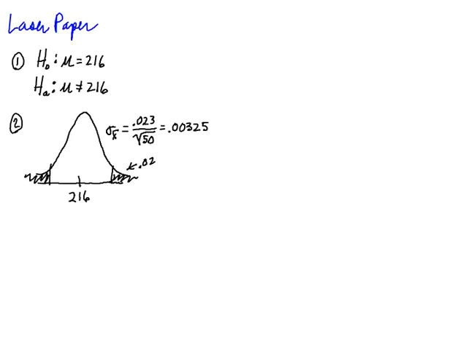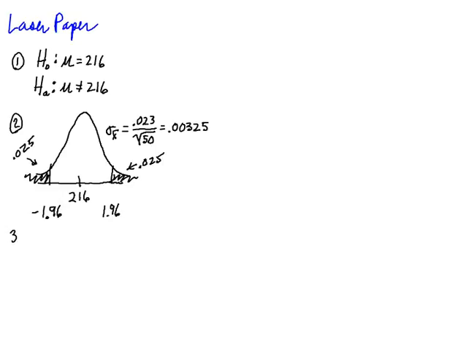This is a two-tailed test, and with alpha equal to 0.05, I'm going to split that, 0.025 on the upper and lower ends, establishing our decision lines and our critical values at negative 1.96 standard units to the left, 1.96 standard units to the right.